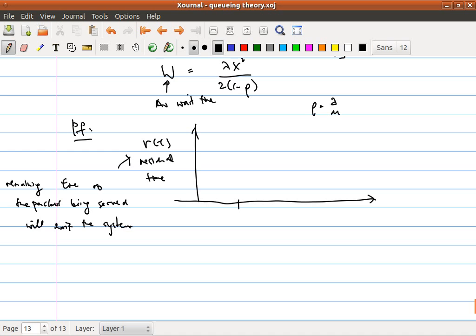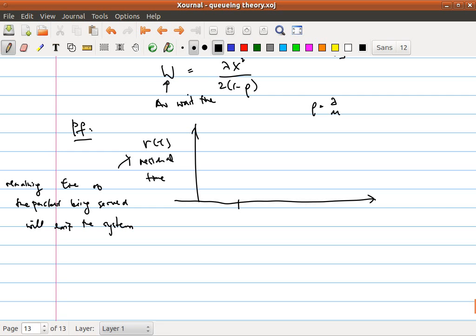We also assume that if there is no packet in the system at the moment, nothing is being served, and the residual time is defined to be 0.